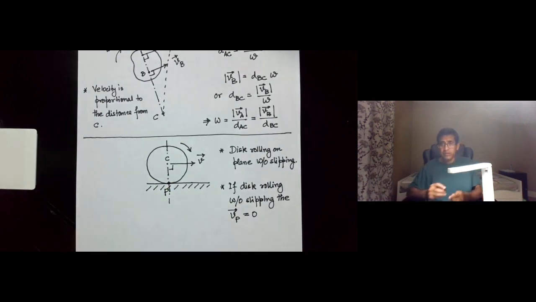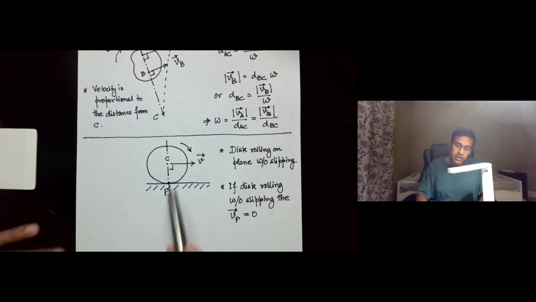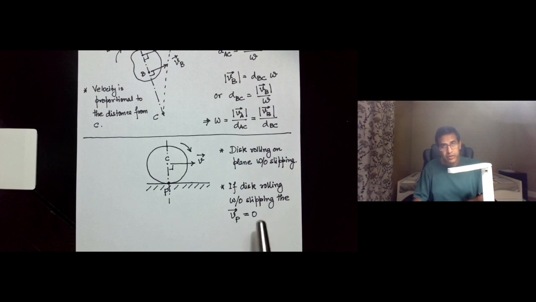It must be 0, right? So if you consider a fixed ground, okay, we are not considering a ground that itself is moving, but let's say a fixed ground, and the disk is rolling without slipping. So clearly, since it is rolling without slipping, the velocity of the disk at the point of contact P must be 0 because the ground is not moving. So the velocity of the point P is 0, okay, and that then must be the instantaneous center, okay.